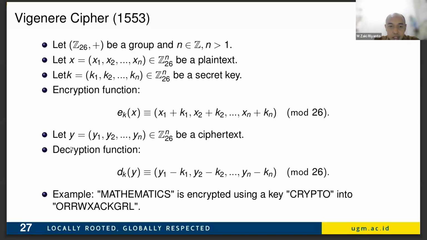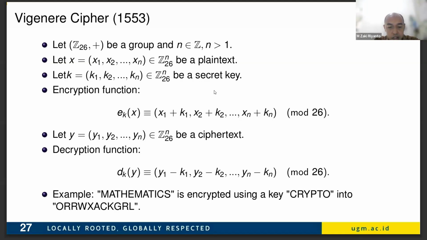And here is the encryption function. The plaintext is a vector in Z26 of length n, and the secret key is also a vector in Z26 of length n.